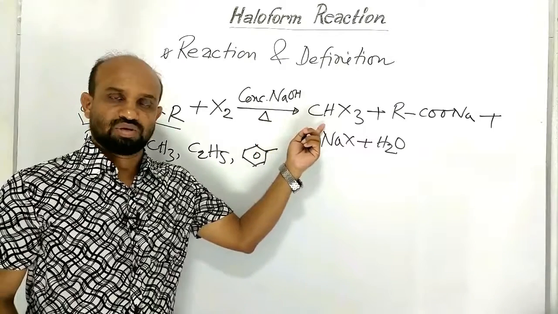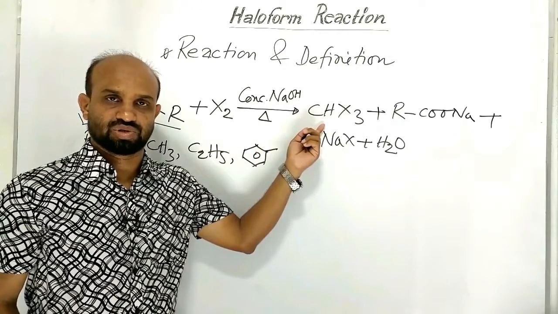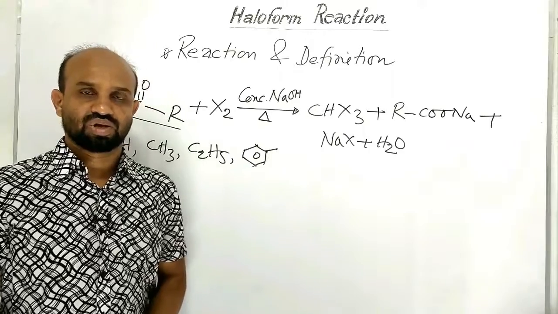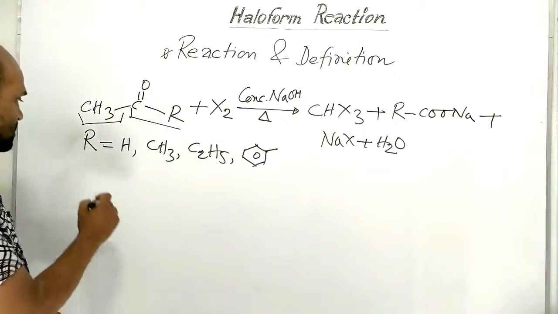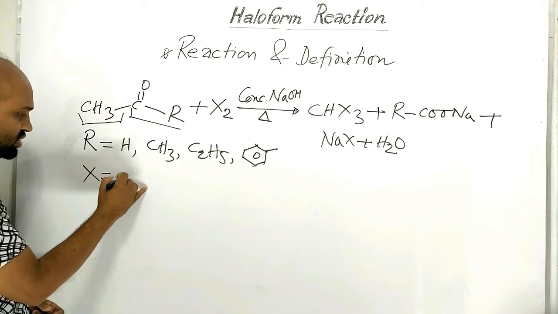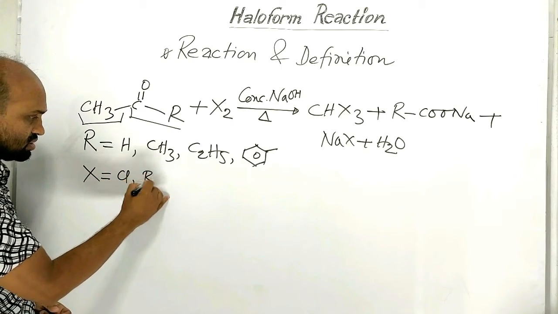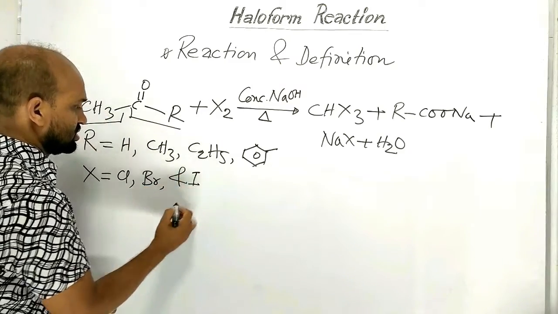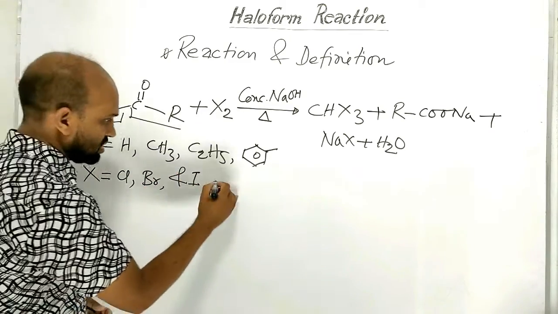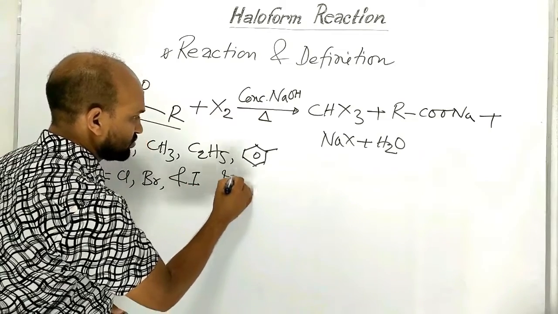Then haloform is produced. This reaction is known as haloform reaction. Here X may be chlorine, bromine and iodine. X here cannot be fluorine.